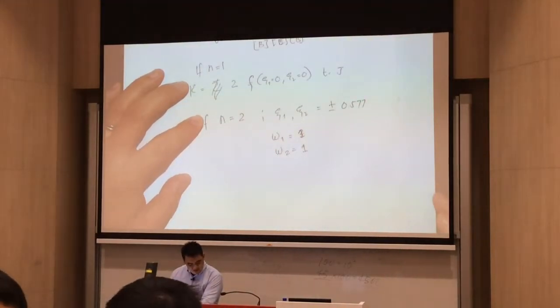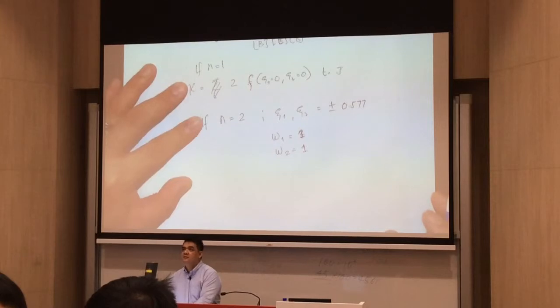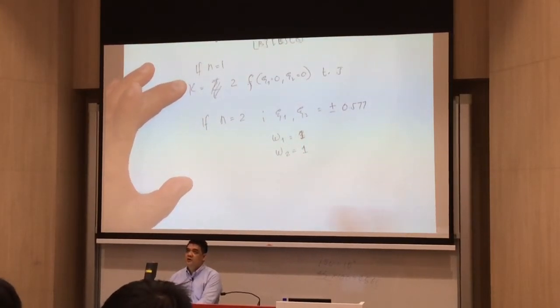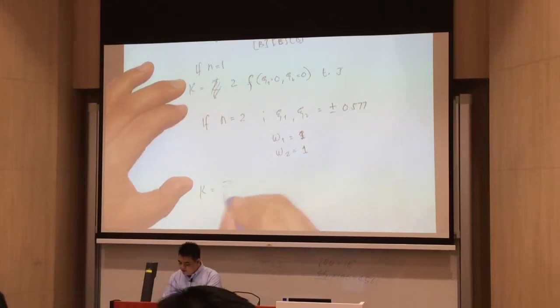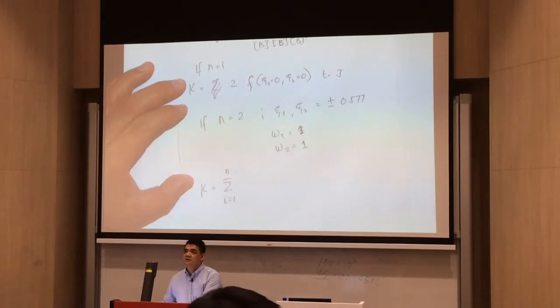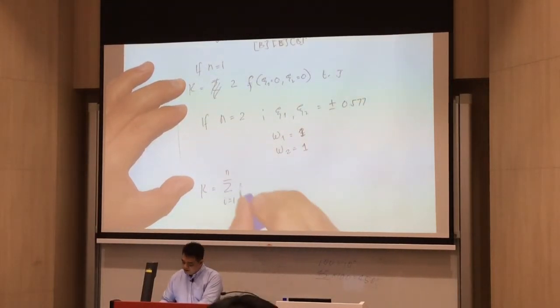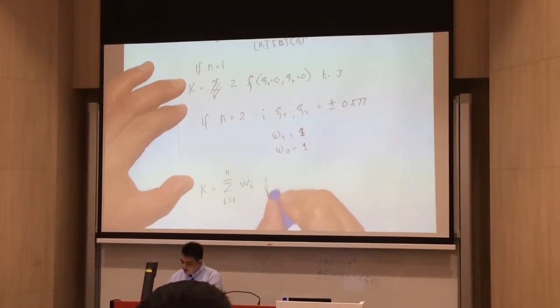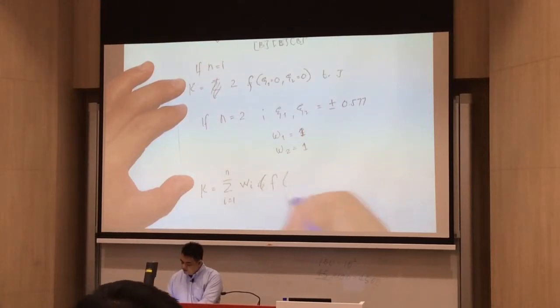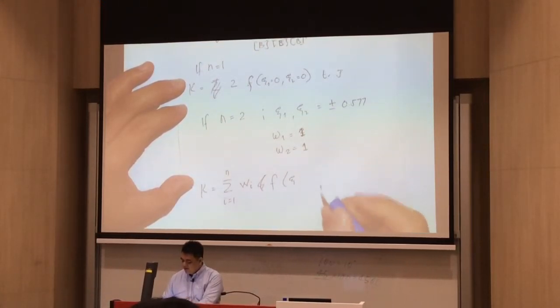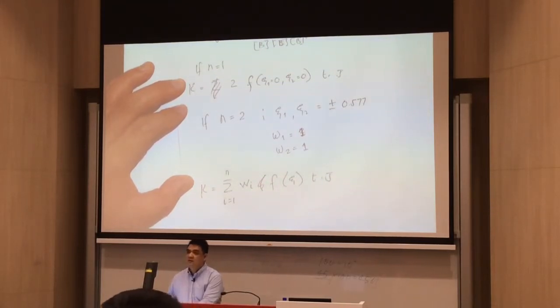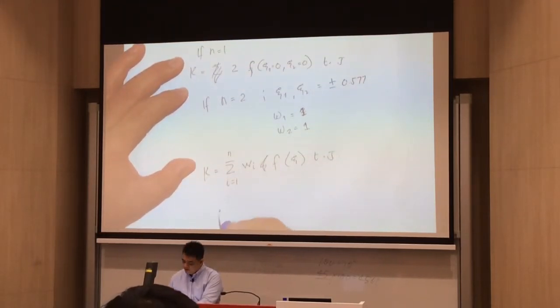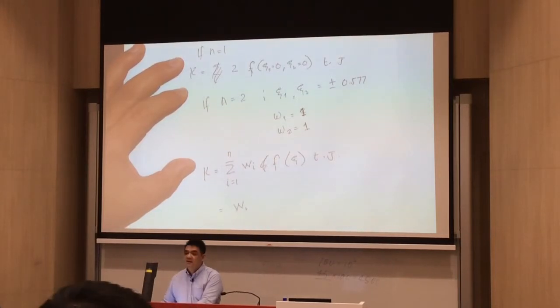So what else do we need? Nothing. So what you're going to do here, your stiffness matrix is equal to the summation of i equal to 1 to n of Wi, your function of C, and then your thickness and J. So this will be W1.